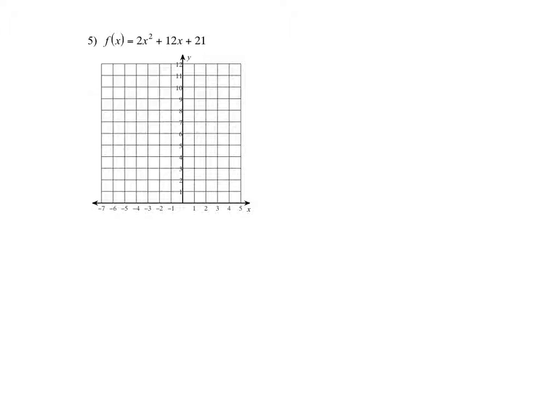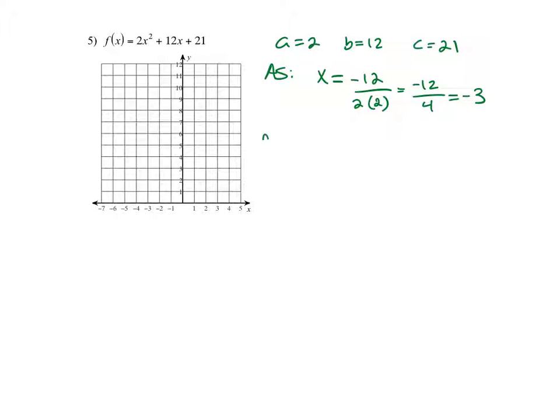The next one. Start by identifying a, b, and c. a is 2, b is 12, c is 21. Axis of symmetry, so x equals the opposite of b, so -12 divided by 2 times a, that is 2 also, so I have -12 divided by 4, so that's -3. Right, now I'm going to find f of -3. 2 times -3 squared plus 12 times -3 plus 21.